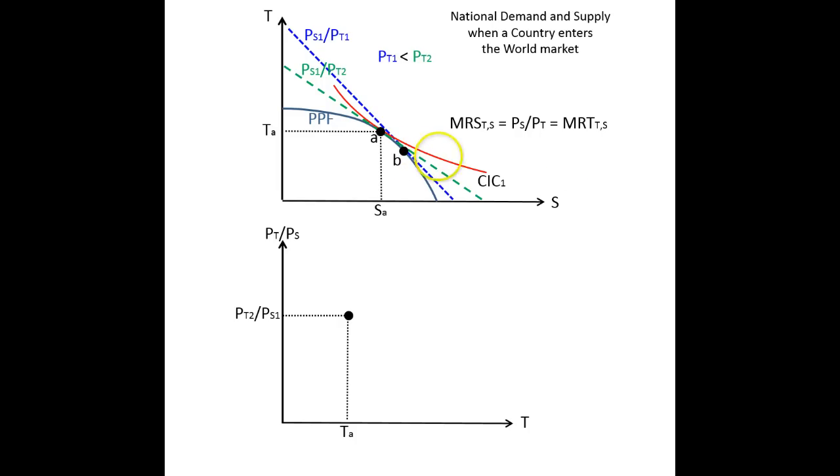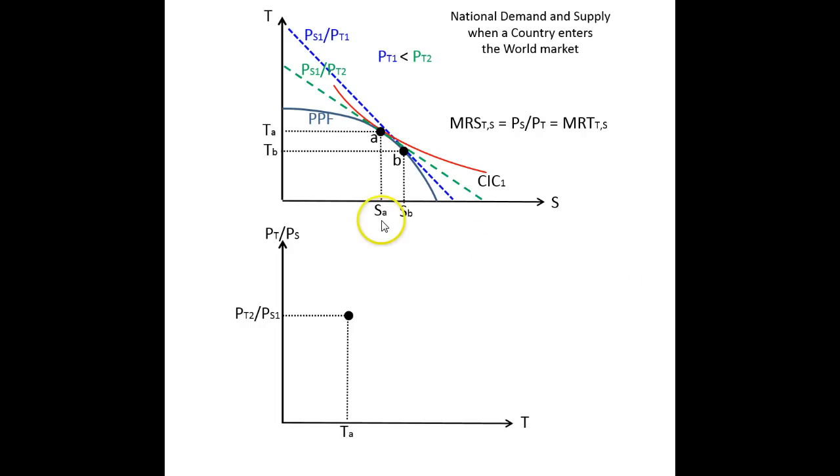In bundle B we see that the marginal rate of transformation, the slope of the PPF, is identical to the world relative price PS1 divided by PT1. Therefore we're going to produce the bundle B, TB units of T and SB units of S.